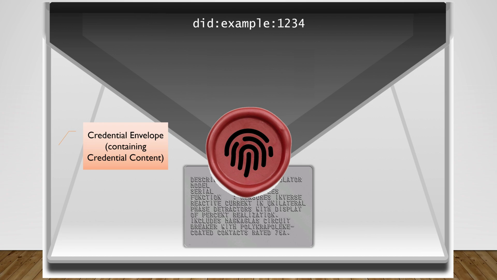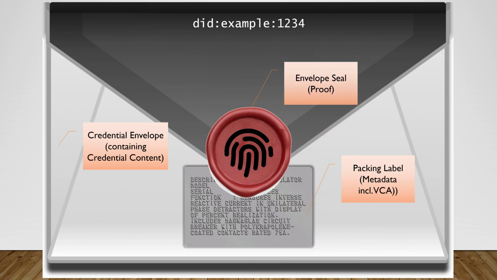So here's an example of a credential envelope, a sealed credential envelope. So there's the envelope itself, which contains the credential content. We can't see that in this picture. We have a packing label that we then attach to the envelope. We have a seal that we attach once we close the flap on the envelope, which has the credential content inside.